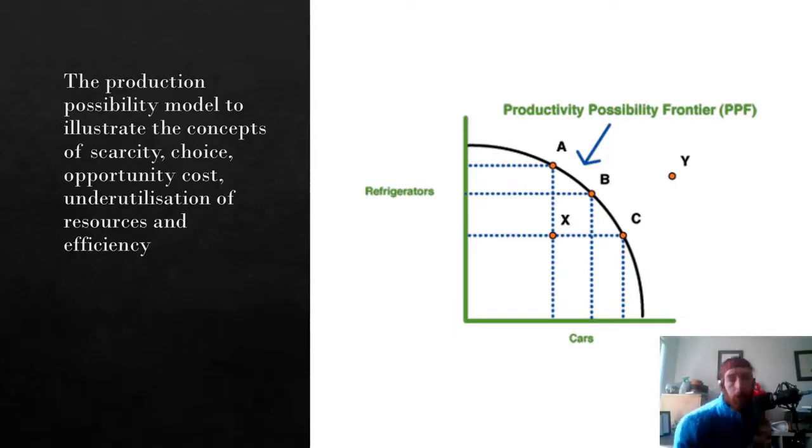Then we've got the production possibility model to illustrate the concepts of scarcity, choice, opportunity cost, and the underutilization of resources and efficiency. So there's a lot to this. The production possibility frontier is all about a hypothetical country choosing production combinations between two types of production which have the same value and cost the same to produce.